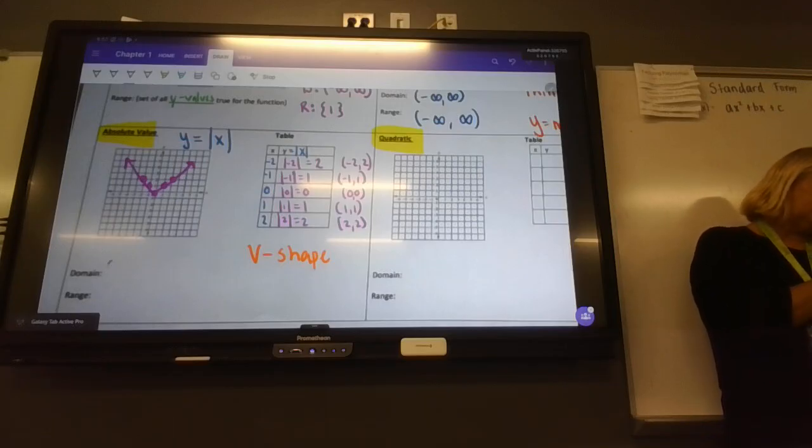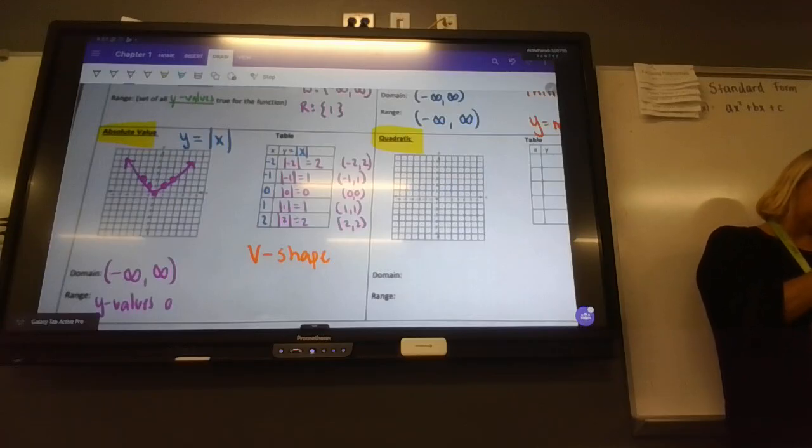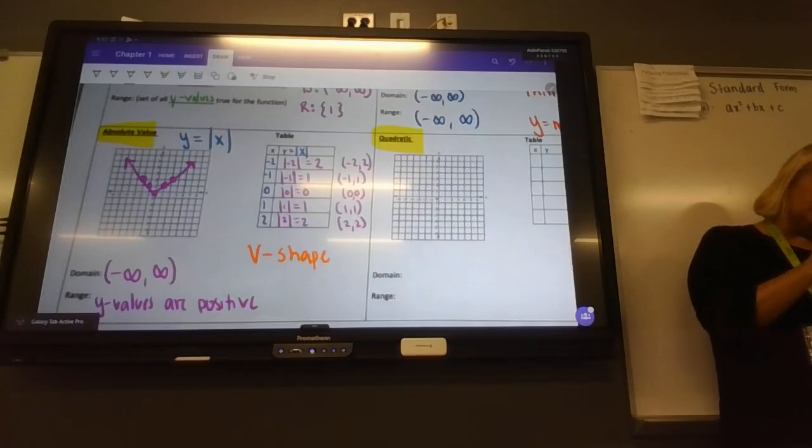So the domain is still negative infinity to infinity, but the range is more complicated. Range is y value. And so the y values are positive here. So how could I indicate that? I'm going to go with the range goes from 0 to infinity.